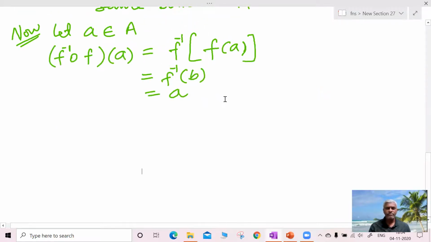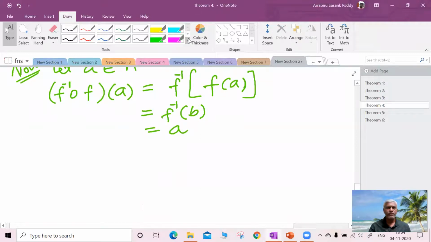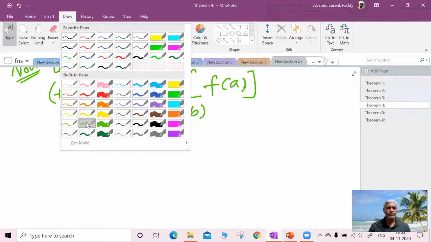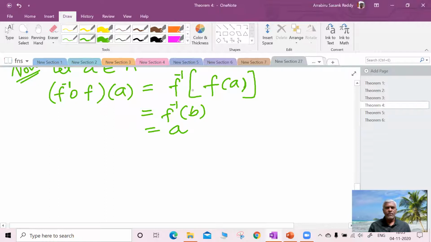Here what we get: f of a is equal to b. As f is a bijection, its inverse exists, f inverse of b is equal to a.